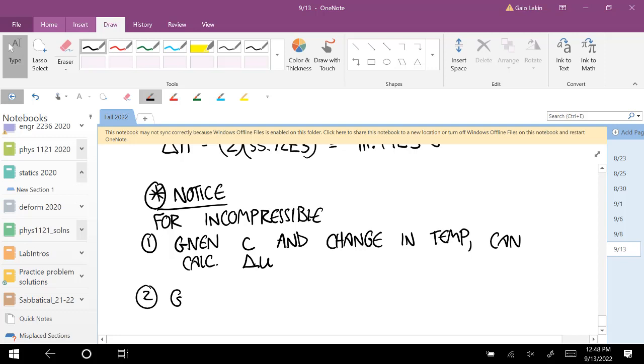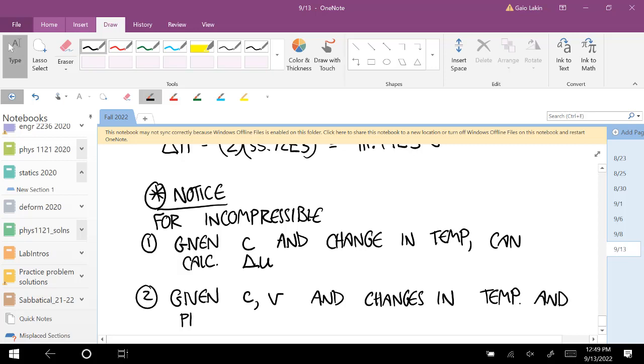Two, given C and the specific volume, and changes in temperature and pressure, you can calculate the change in specific enthalpy.